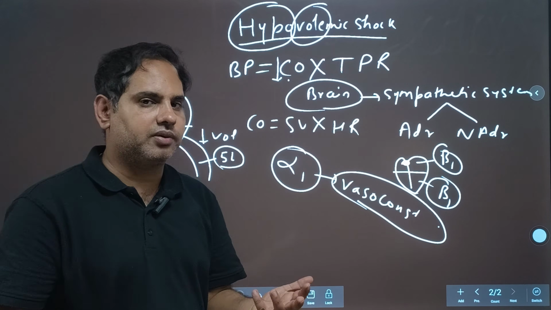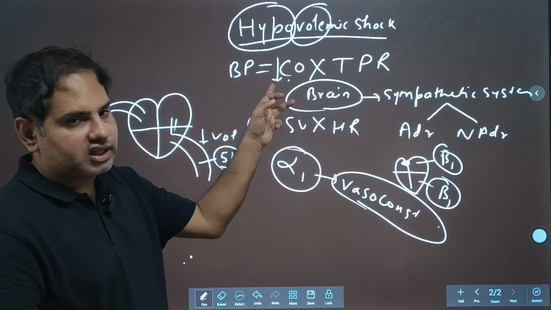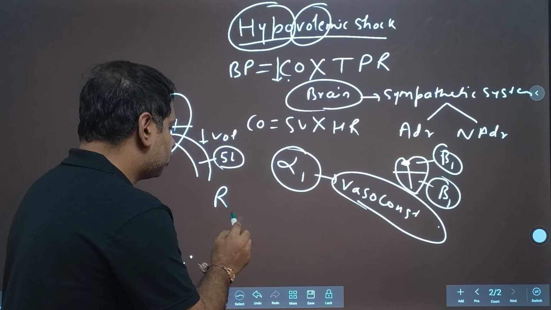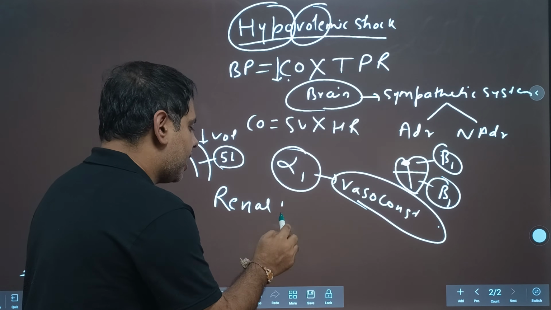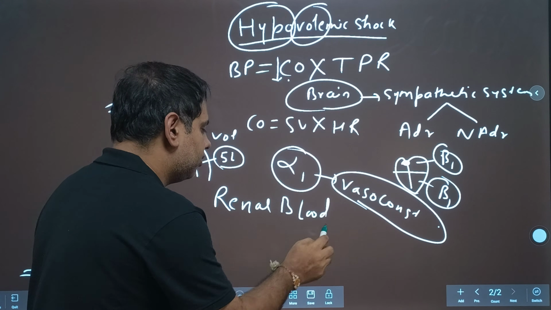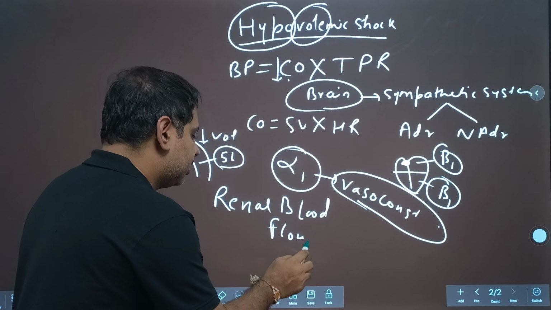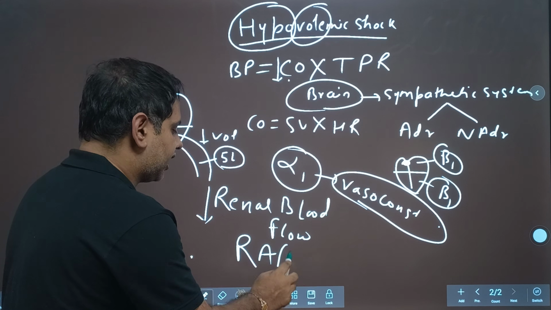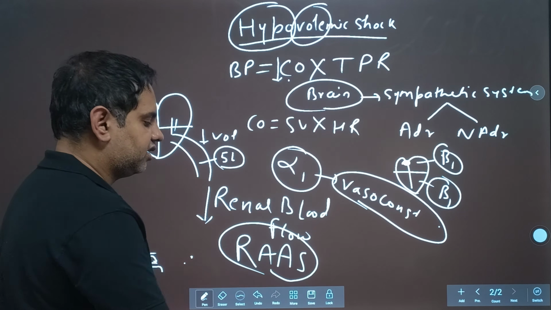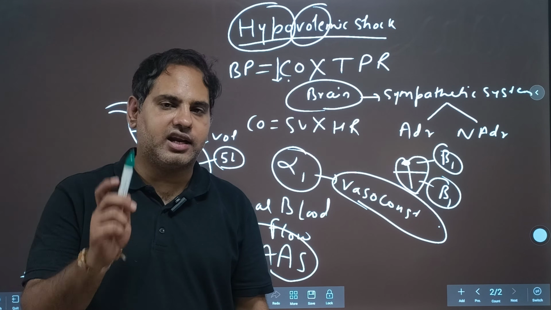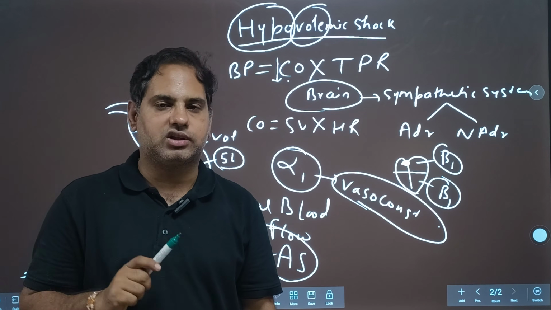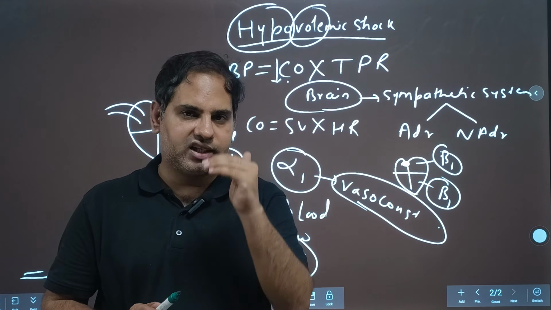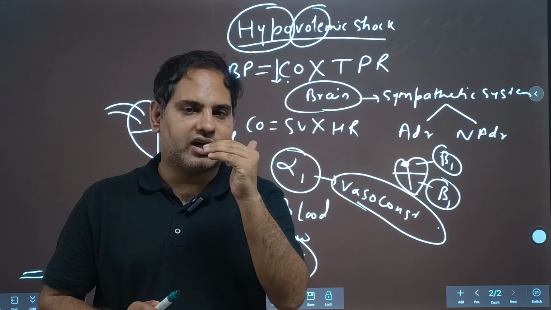Another compensatory mechanism: because cardiac output is decreased, decreased cardiac output means your renal blood flow is also going to decrease. And many times we have discussed renal blood flow; if it's decreased, then it results in activation of one well-known system, that is the RAS. Many times we have discussed, right? Activation of RAS, the renin-angiotensin-aldosterone system. So when blood flow to the kidney is decreased, there is a release of one hormone, that is renin.